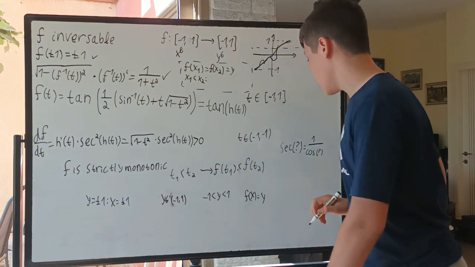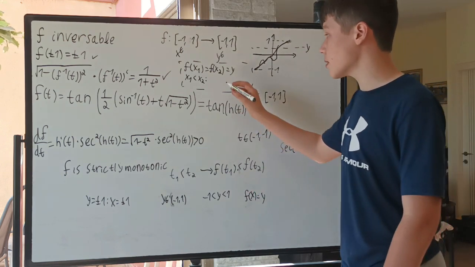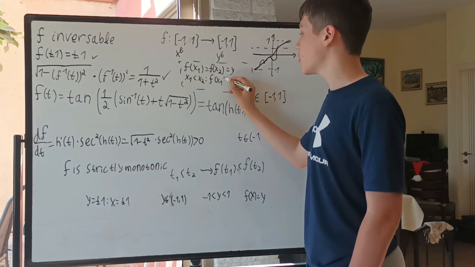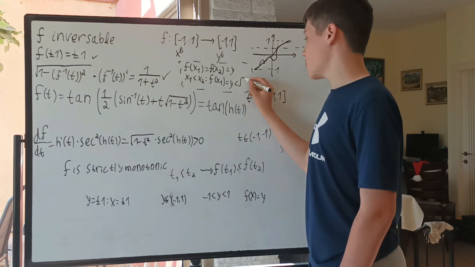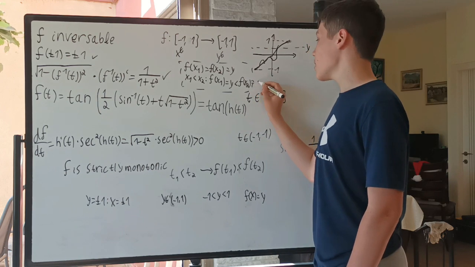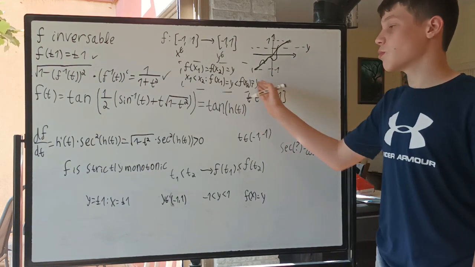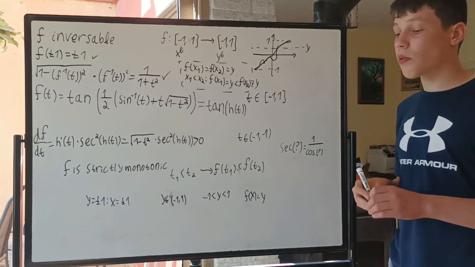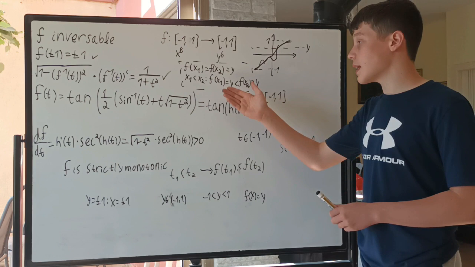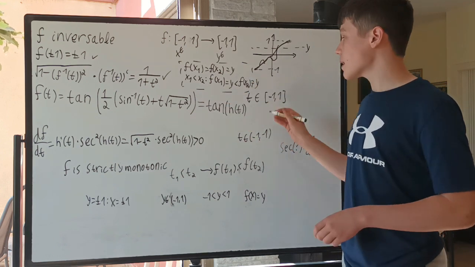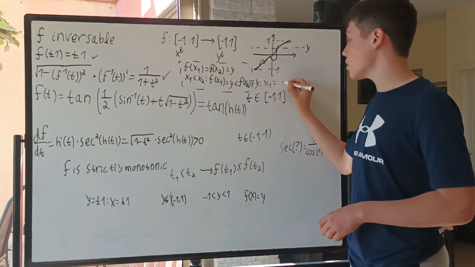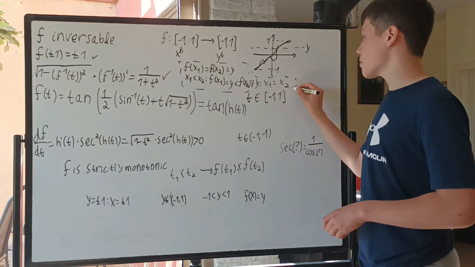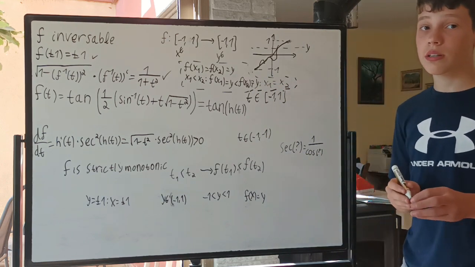And this will leave us, because f is strictly monotonic, that f of x1, which is equal to y, is smaller than f of x2, which is equal to y. So in other words, y is smaller than y, which is impossible, meaning that x1 is not smaller than x2, and obviously by the same reasoning x2 is not smaller than x1, so x1 has to be equal to x2, which is pretty much the definition of unique.